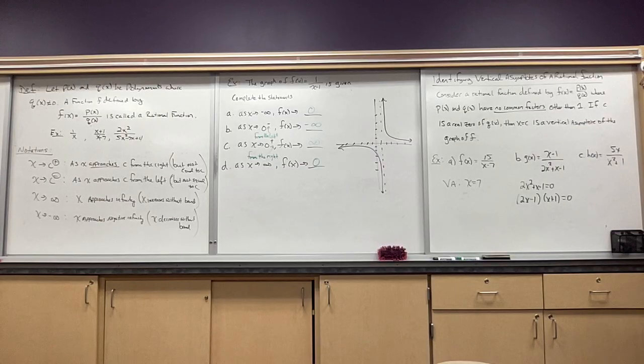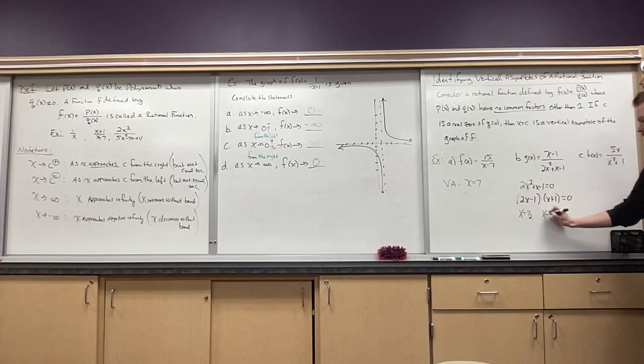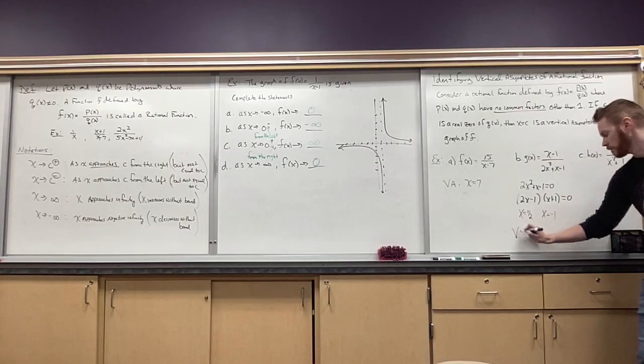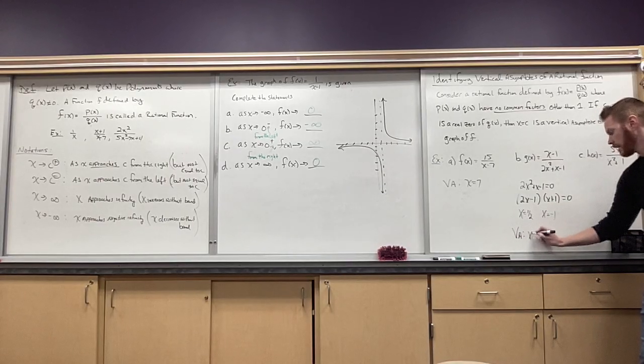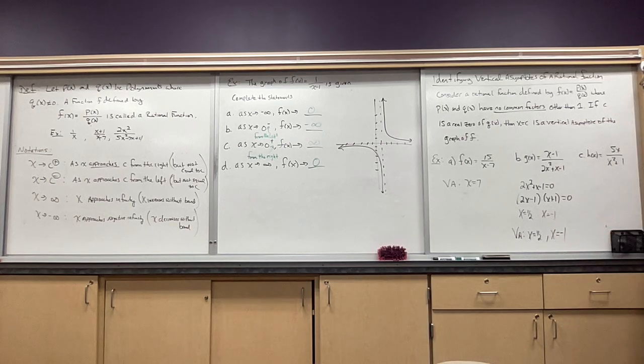Set each one equal to 0 and solve. I could see that x over here would have to be a half, and x over here would be negative 1. So I have 2 of them in this example. So VA would be at x equals a half, and x equals negative 1. So for that graph specifically, I'm going to have 2 vertical lines. Those are the cool ones to graph, and you'll see one of those.